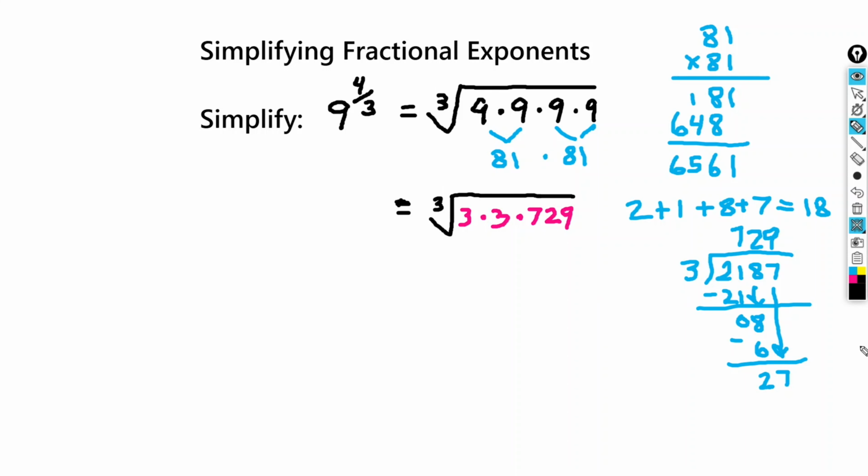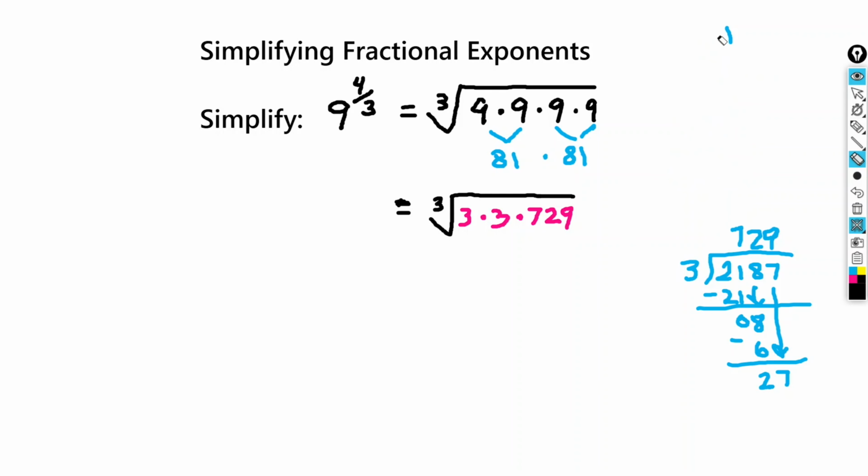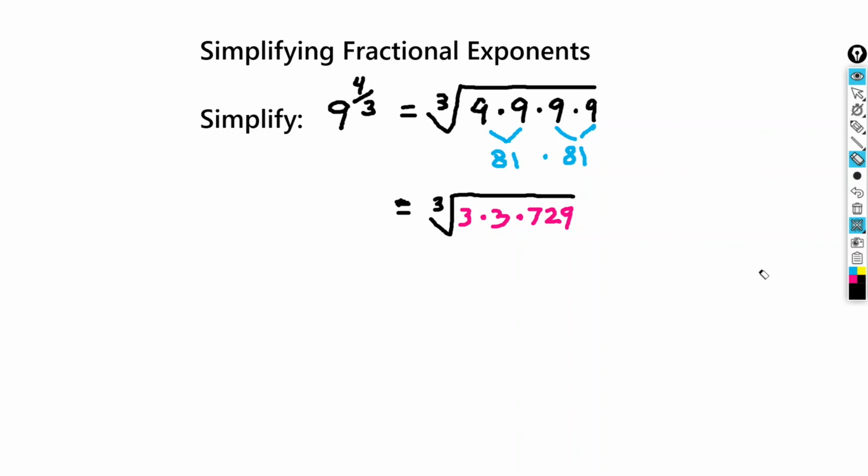All right, well, let's take a look at 729 now. So 7 plus 2 plus 9, well, that's also 18. So 729 is divisible by 3. So let's divide that out. So 729 divided by 3. 3 goes into 7 twice.